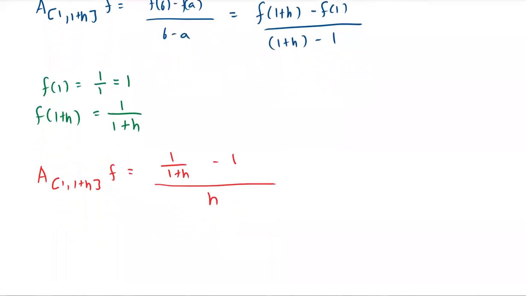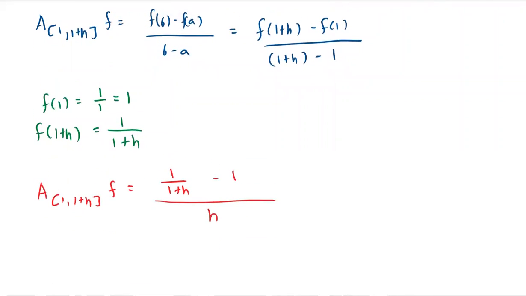Now, I don't like to leave fractions like this, where I have a fraction minus a whole number. So I would recommend, just to make it look nicer and simpler, to combine any fractions. In this case, we want to combine 1 over 1 plus h minus 1. You need to get a common denominator. So the common denominator is 1 plus h.